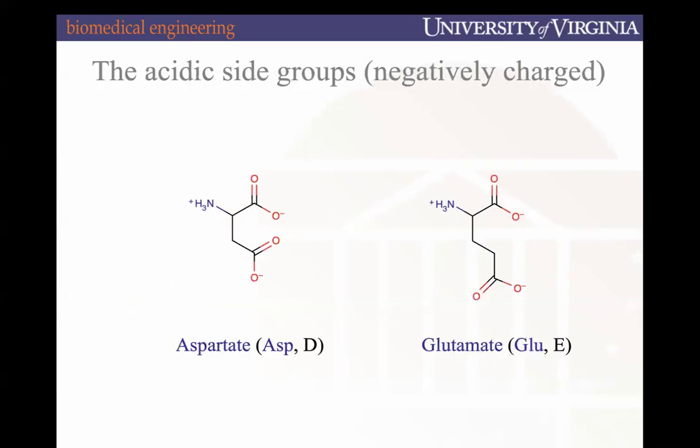The acidic and negatively charged amino acids are aspartate and glutamate. Depending on their state, you might hear them referred to as aspartic acid and glutamic acid. But these are the negatively charged amino acids. And again, I should have taken a step back to describe this, but the side group is what determines what the amino acid is, and we look to the side group to see whether or not it has a charge.